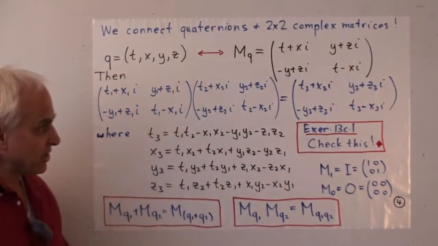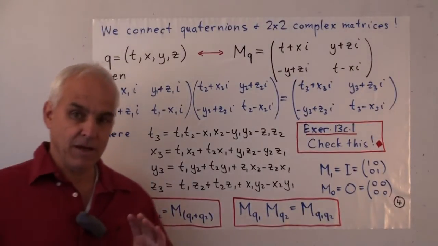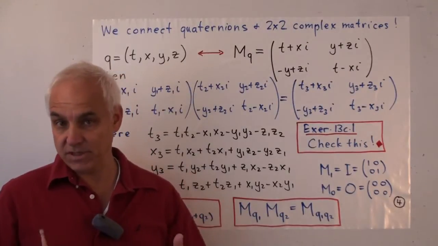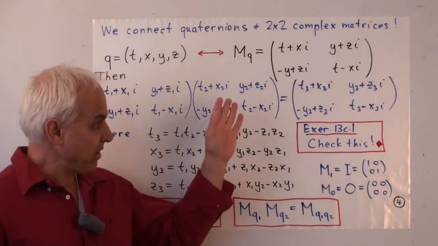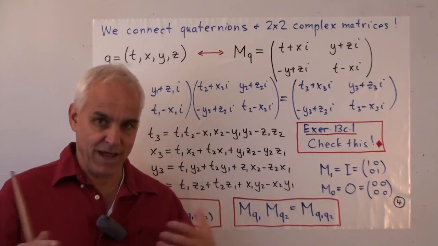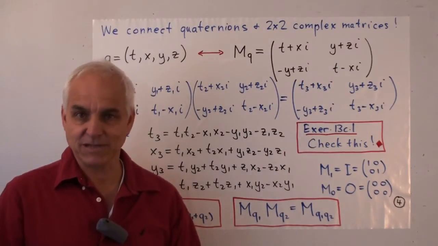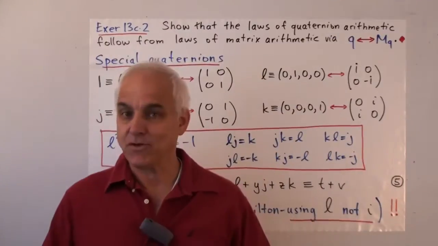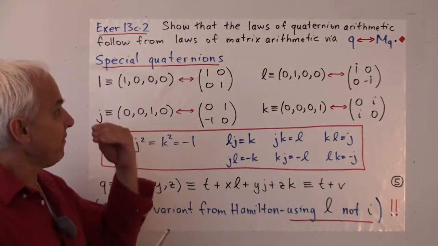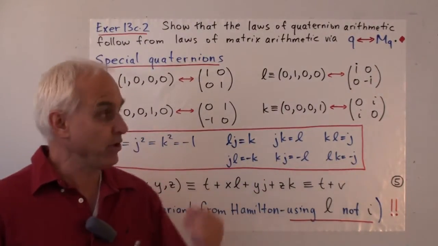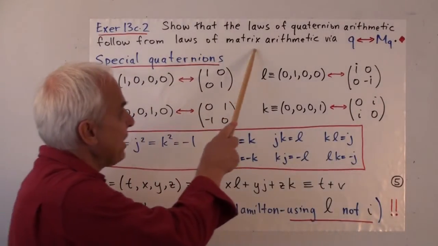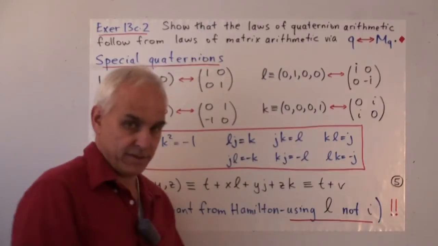Okay. So this also shows that there's an intimate connection between quaternions and 2x2 complex matrices of a particular kind. And that's going to be quite important in our laying out of the theory. This connection has many interesting aspects. Our first application of that basic correspondence is to verify the laws of quaternion arithmetic, to show that they follow from the laws of matrix arithmetic via this correspondence.